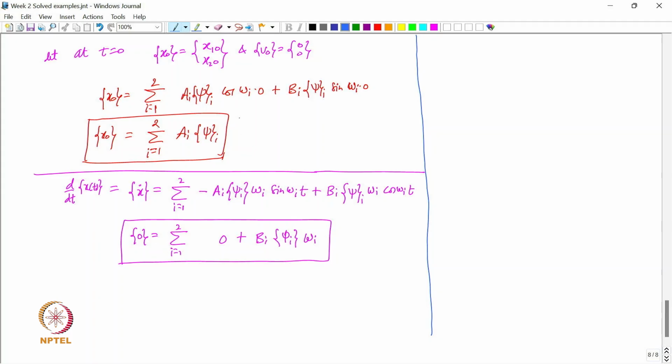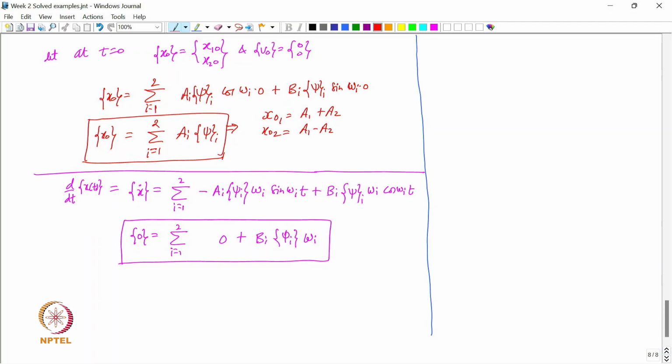For example, if you look at this one, we could have easily worked out, if you now substitute the psi and x naught here, what you would get essentially is a1 plus a2 equal to x naught 1, and a1 minus a2 equal to x naught 2.